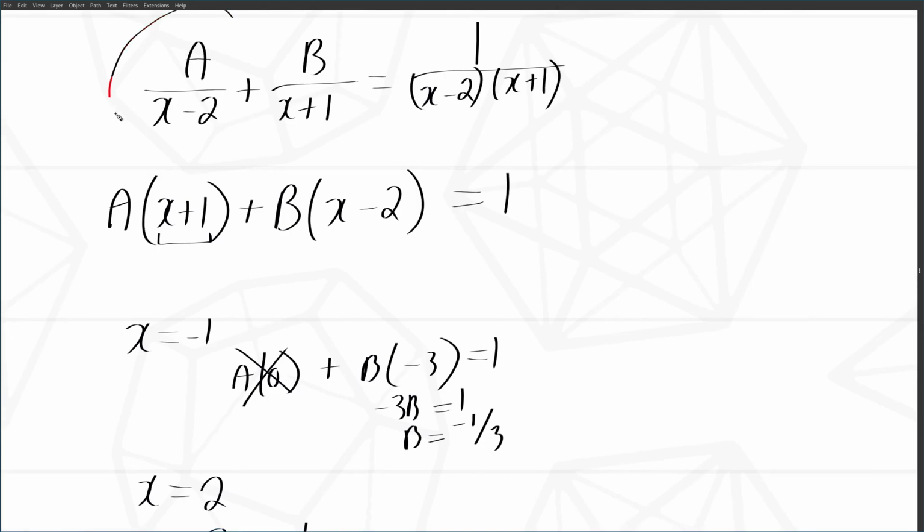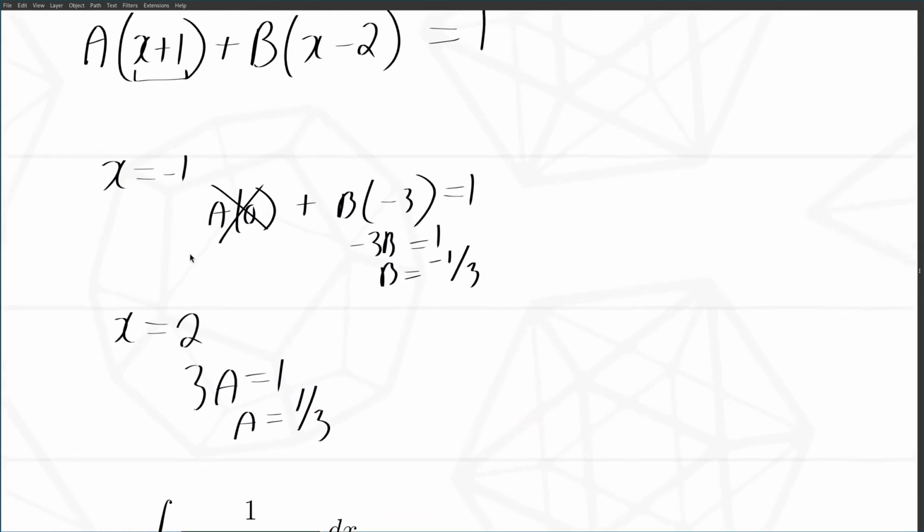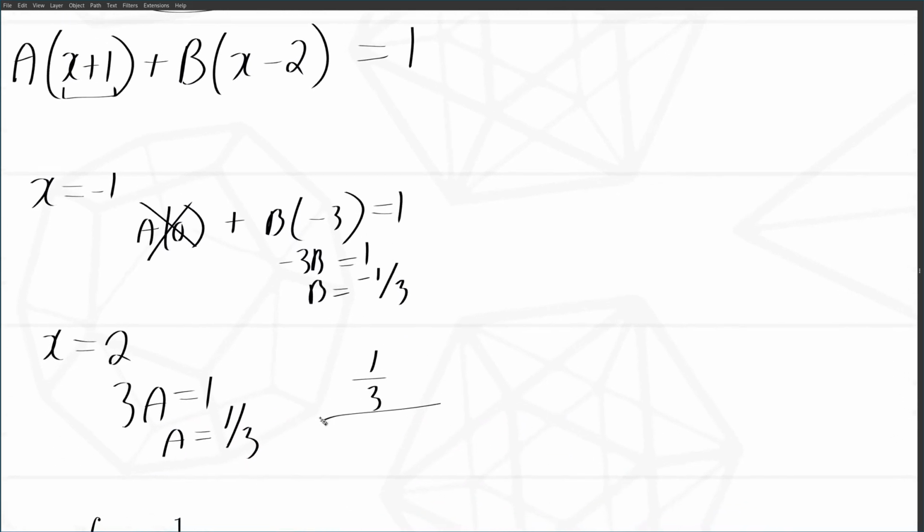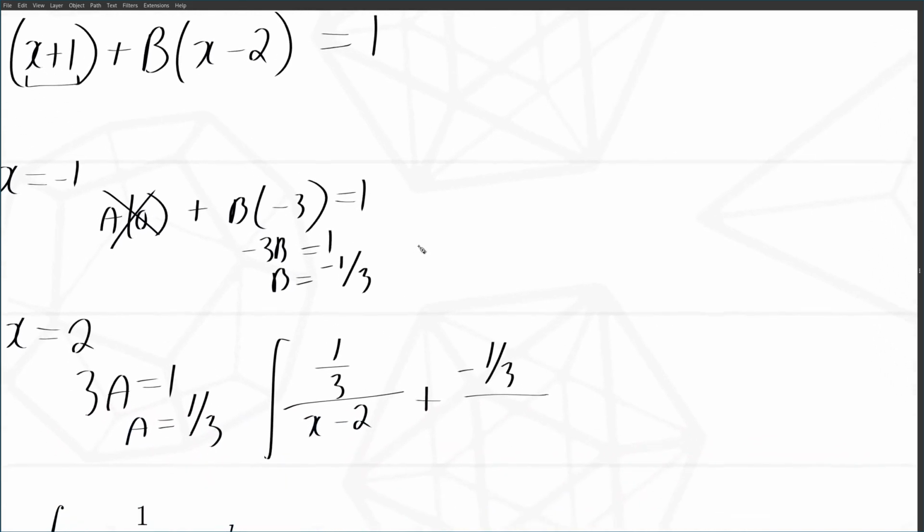So using this expression from the top, let's rewrite that. So we're going to have 1/3 over, what was it, x minus 2, plus, and the b was negative 1/3 divided by x plus 1.